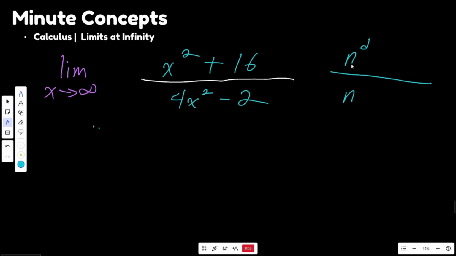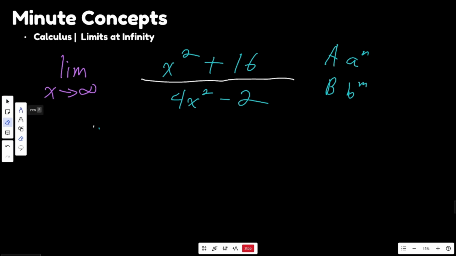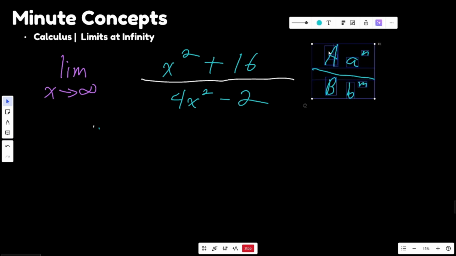For any rational function where there is a term with the highest degree, let's use a and b for the coefficients. Sorry, the line is so long, I'm getting OCD. Let me fix that. Okay, consider this example.